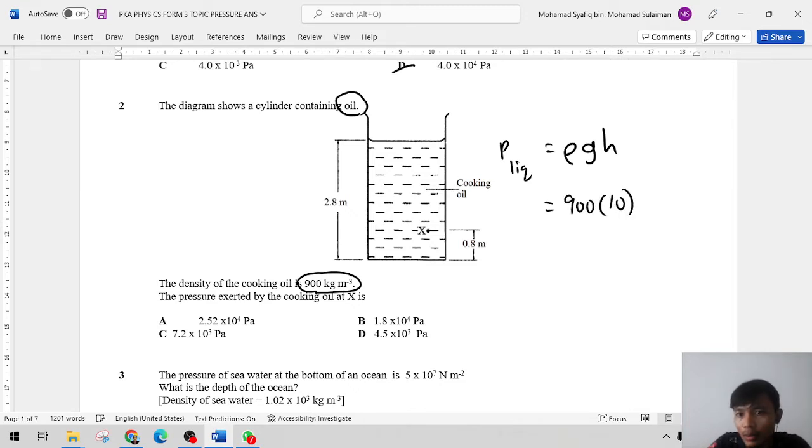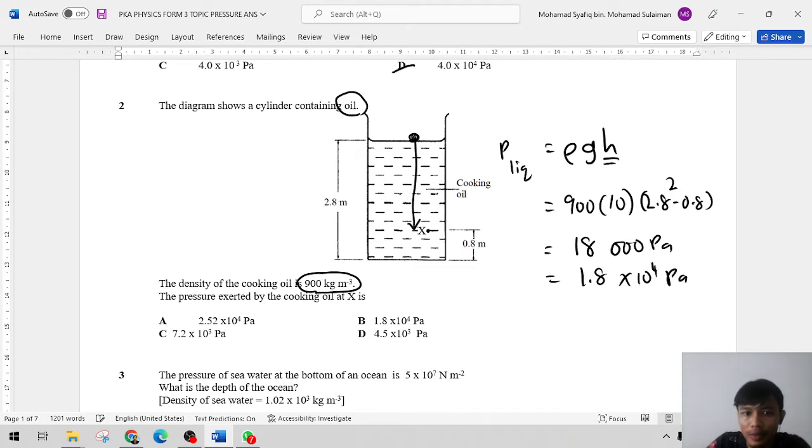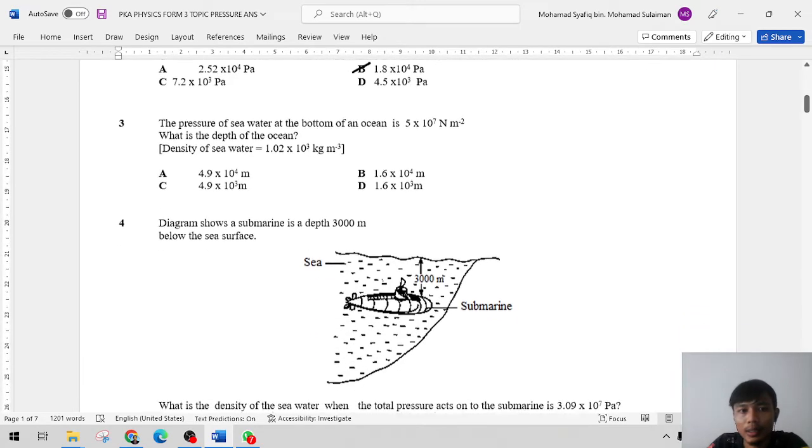To find the depth, it must be from the surface of the liquid to the point. So it's equal to 2.8 minus 0.8. This one equal to 2. So this will give us 18,000 Pascal. So this is equal to 1.8 times 10 to the power of 4 Pascal. So this is B.